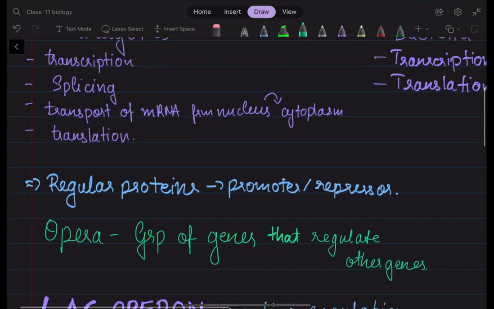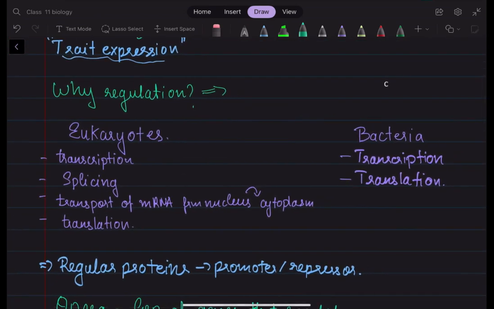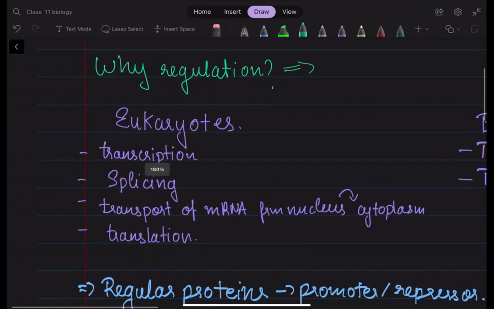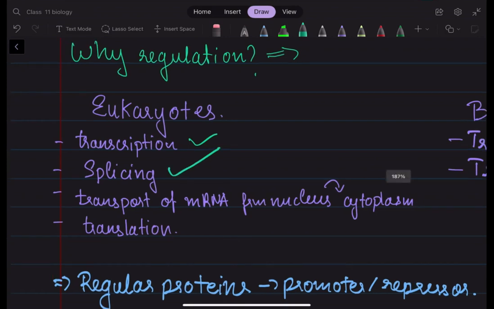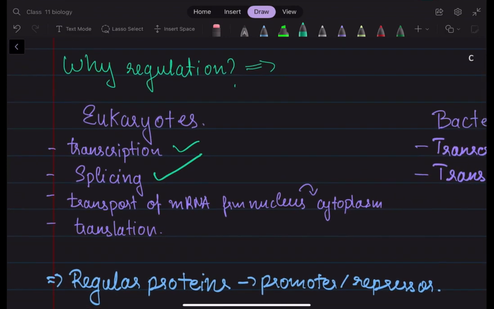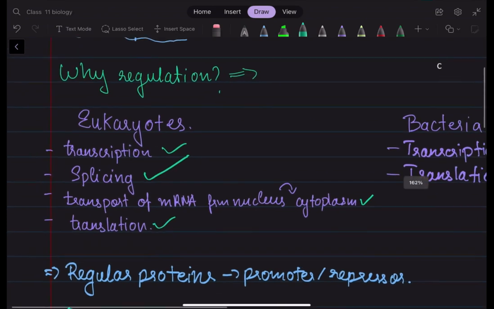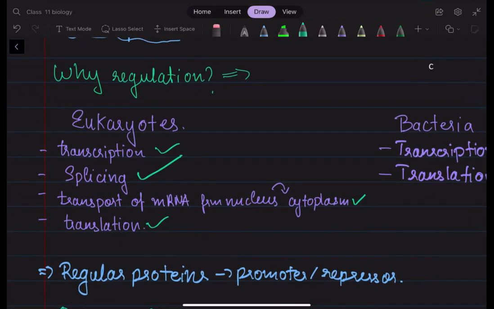And this regulation can happen at four levels in eukaryotes. It can happen at the transcriptional level, or during the post-transcription modifications, that is during splicing, or when the mRNA is being transported from the nucleus to the cytoplasm before translation, or during translation. So it can happen at four levels in eukaryotes.